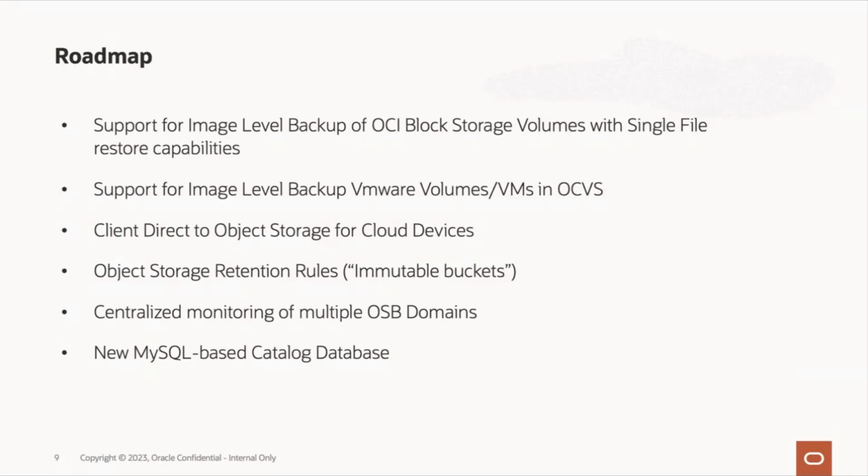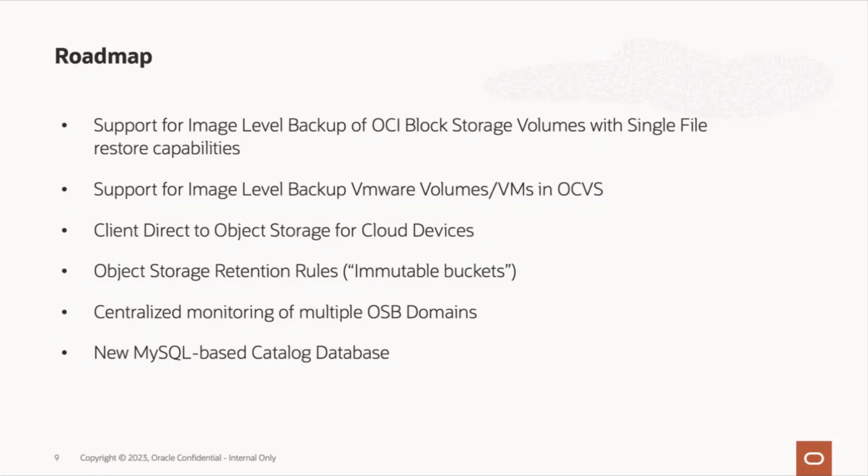We are trying to focus a lot on these OCI use cases, and the things that I mention here are all directed at providing more features and more integration with OCI services.